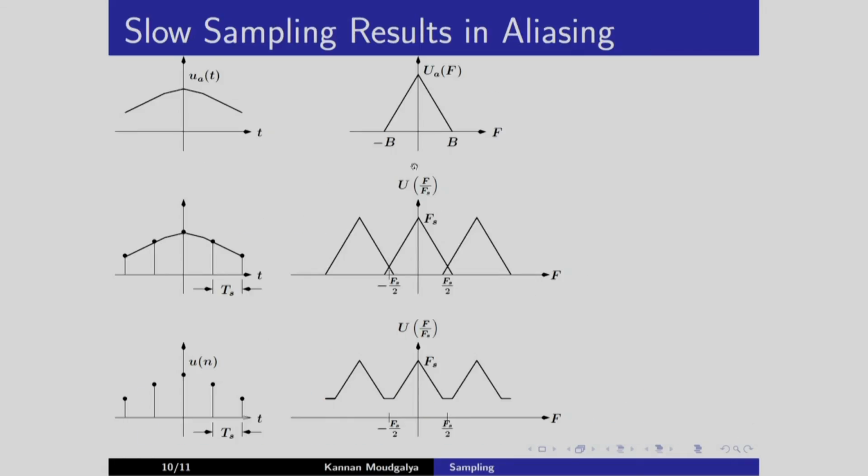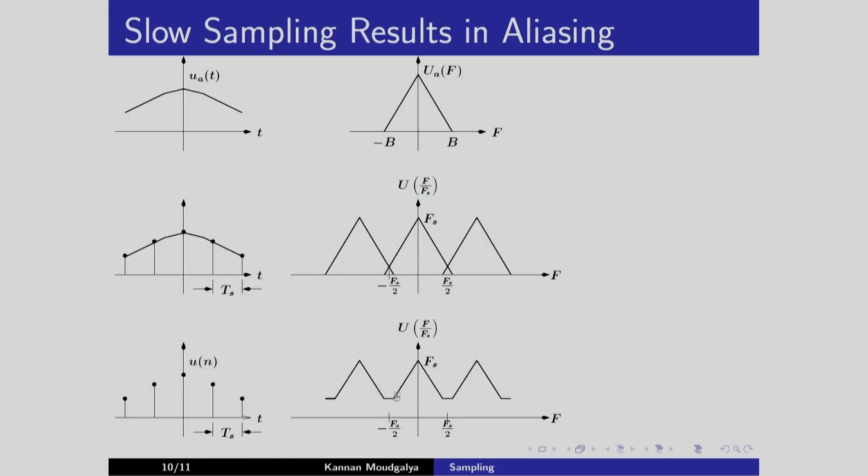What happens if you do not sample it fast enough? What happens if this Fs by 2 is smaller than B? Notice that B will come here, where this ends, whereas here we have taken Fs by 2 to be smaller than capital B. As a result, the waveform from the next period overlaps here, and when I add these two I get this waveform. I no longer have a distortionless waveform in the middle.